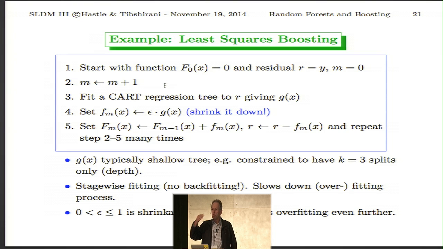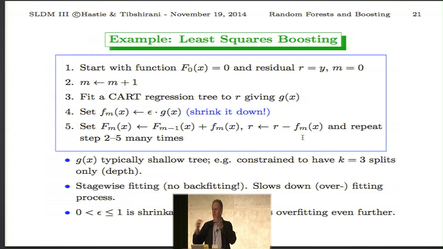And so now you just go in a loop, and at each stage you fit a regression tree to the residuals, giving you some little function g of x. And then maybe you shrink it down a little bit, and we'll talk about this shrinkage in a minute. And then you update your model by adding this term that you've just created to the model, and then updating your residuals, right?